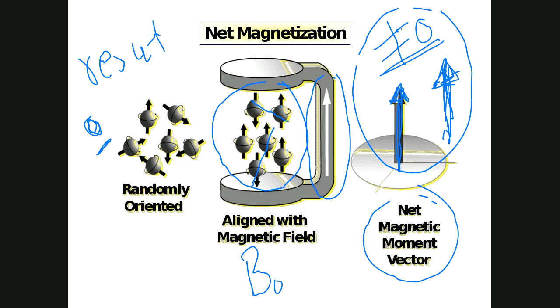Just to remind you what is the significance of pointing up: there are more of them up than down, simply because up is the lower energy state. In general terms, the protons are lazy.